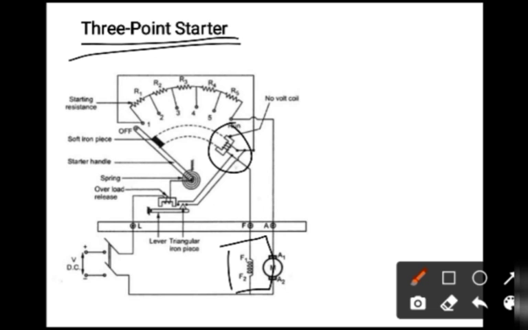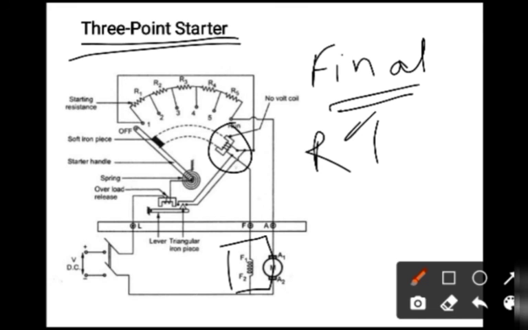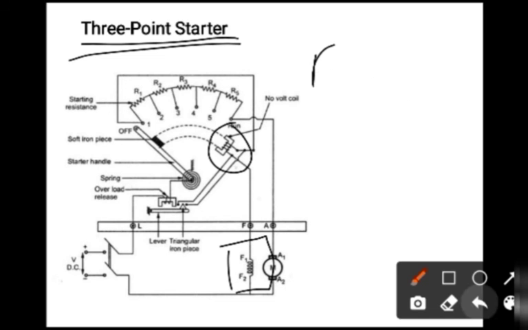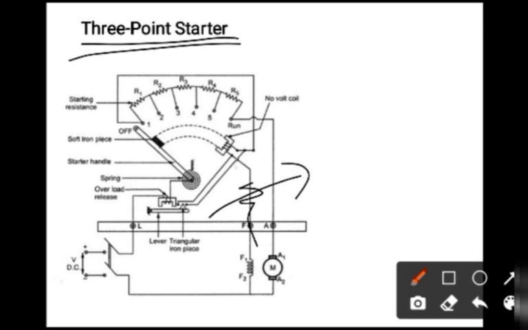When the motor is in running condition, the handle is at the final position, and at the final position the resistance present in the field circuit is high. Therefore, while performing the speed control exercise, we need to add external resistance in the field circuit. Therefore, the total resistance present in the field circuit is high.